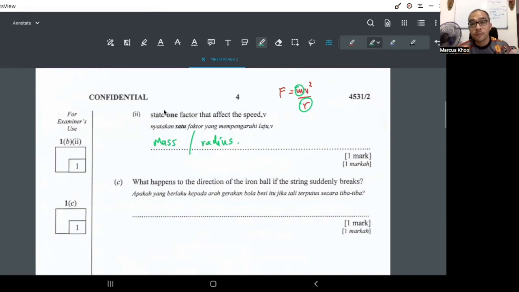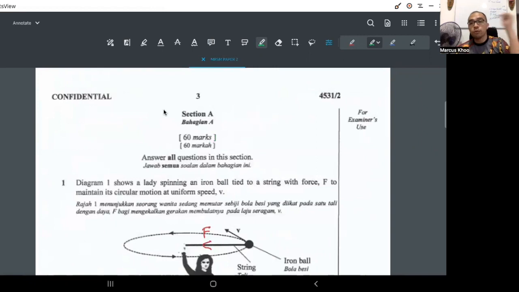And so when we think about it, when the string suddenly breaks, what's going to happen is that this ball is going to fly off in one direction. It's no longer going to move in a circular motion. It's going to fly off in a straight line in a certain direction.